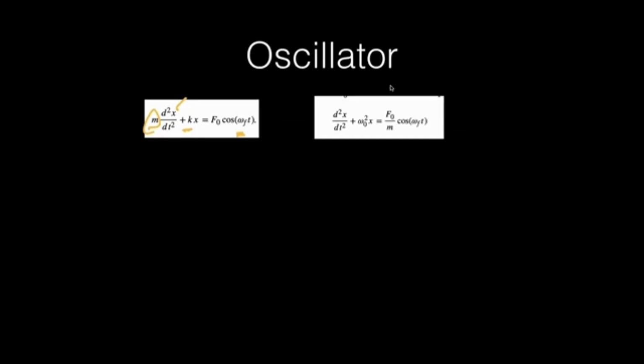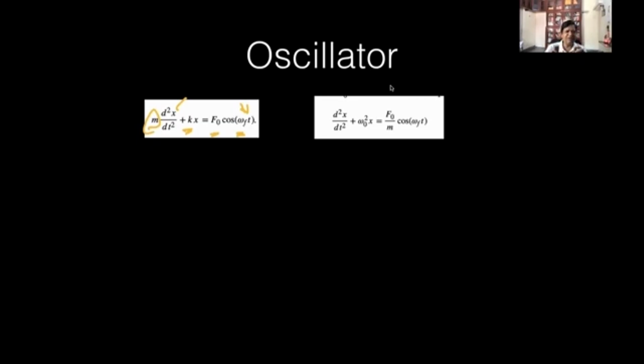So how many parameters are in this equation? 4, 3, 4. So m is 1 mass, k is 2, f naught is 3, and omega f is 4. So f naught is also a parameter, the force amplitude. Now, if I do an experiment or computer simulation, if I want to understand the full system, I need to vary all 4 of them.